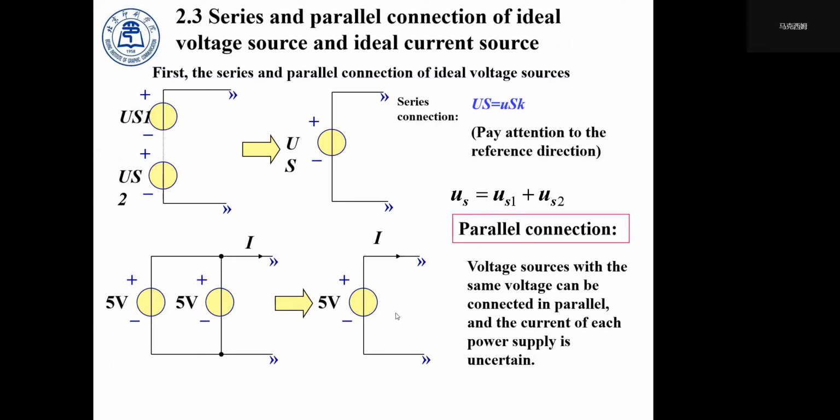So do remember this: only voltage sources with the same value could be attached to each other with nothing in between in parallel form. The rest is simple. You can just add them up and reach a new one.